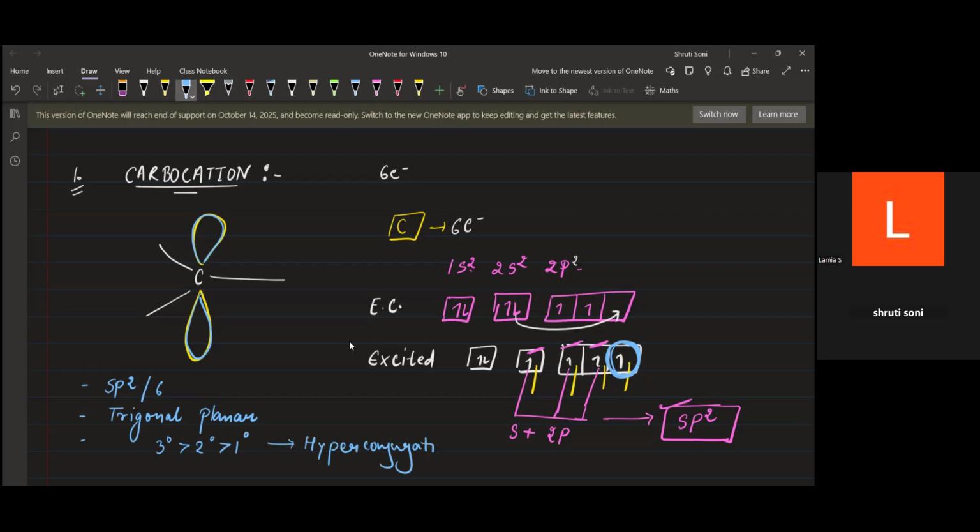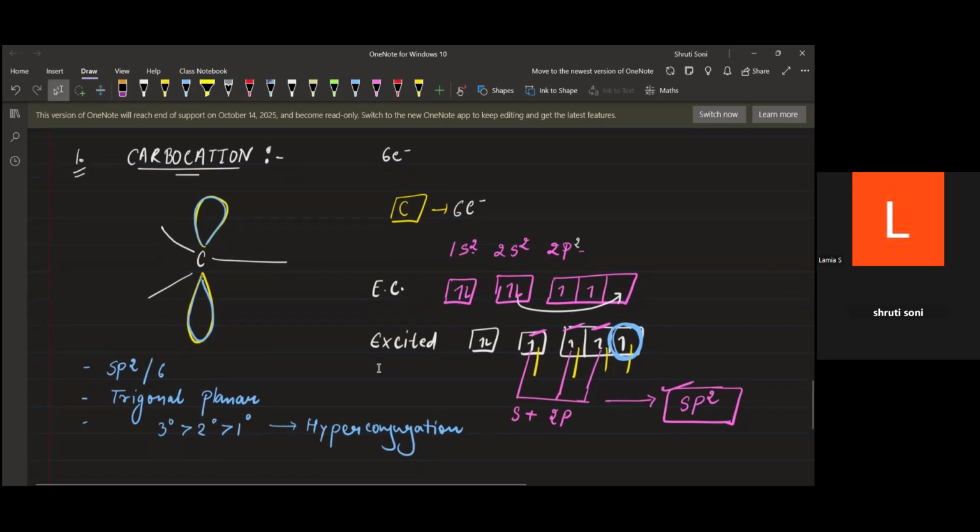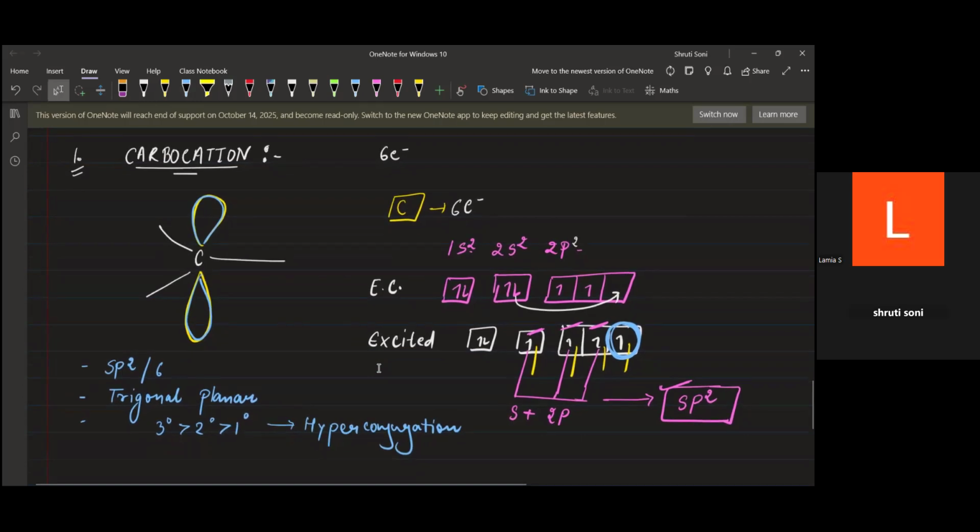So on the basis of hyperconjugation, do you know what hyperconjugation is? Hyperconjugation is the overlap of orbitals? Yes. And in hyperconjugation, how can we directly identify that the given structure is more stable through hyperconjugation compared to another?